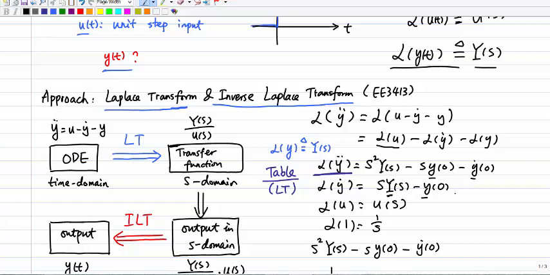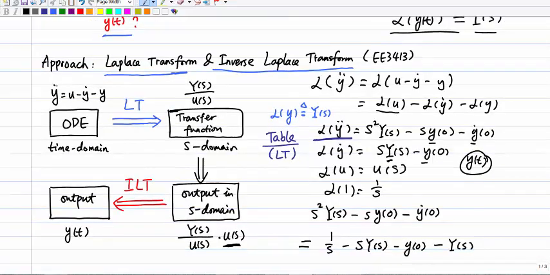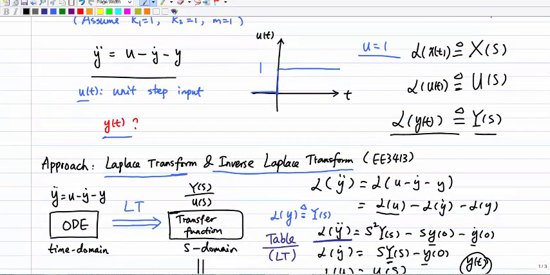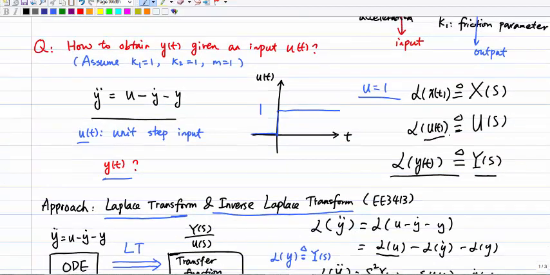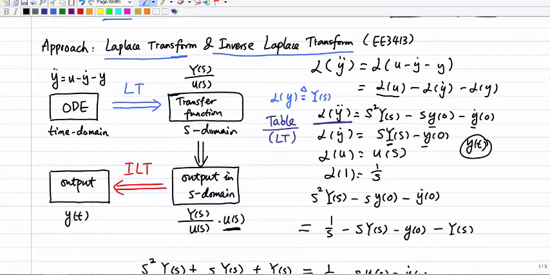This is still little, which means it's y of t in the time domain, not a big Y. And L of u is just U of s. Here I dropped all the t; it should be L of u of t. So u is U of s. And L of 1 is 1 over s. This is also from the table, you can find it.